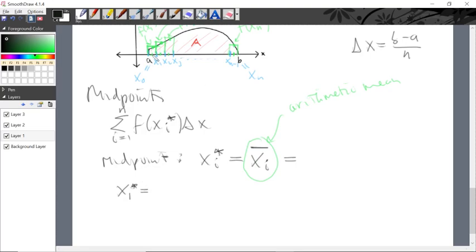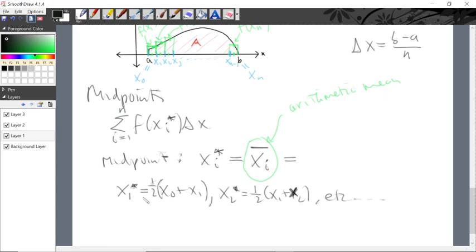That was calculated this value right here, and that is the average of these two quantities, a and x1, where a is equal to x naught. So we can say it is x naught plus x1 and then divide by 2, or 1/2 times the sum of those two. Our x2 star would be found by adding x1 and x2 and then dividing by 2. So 1/2 times x1 plus x2, etc.